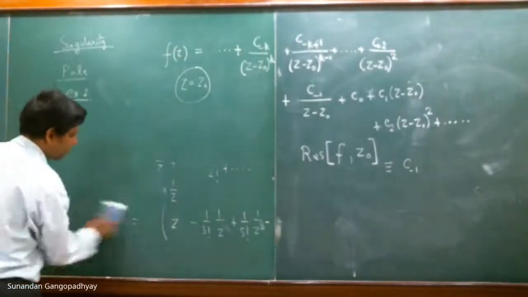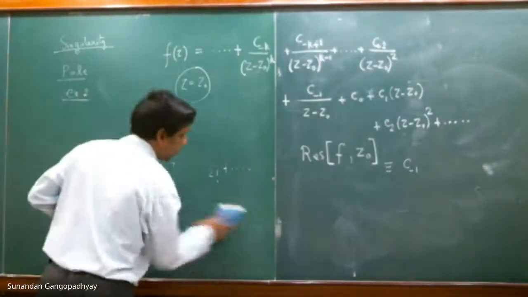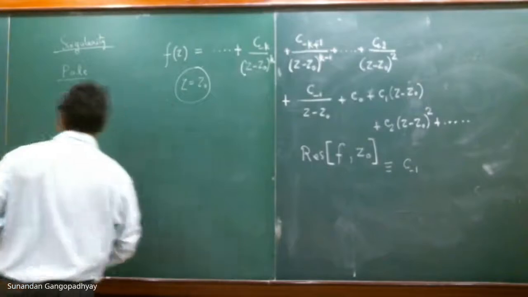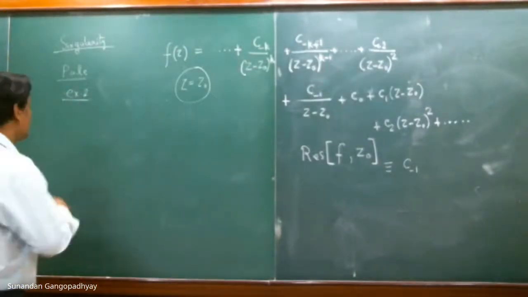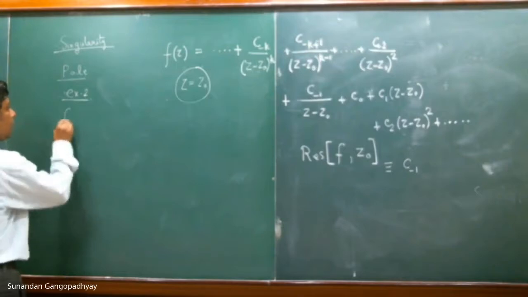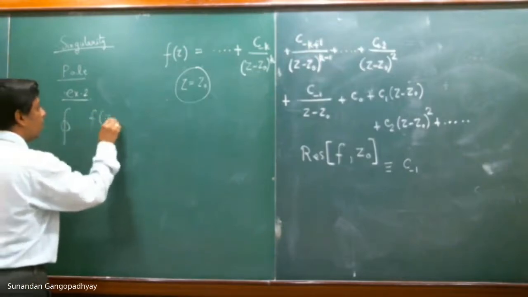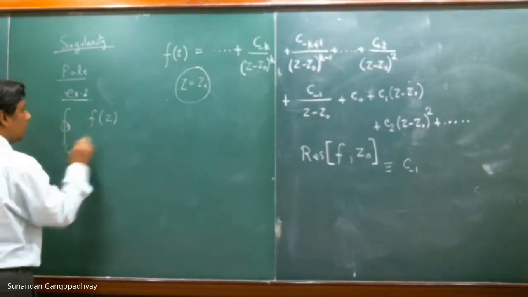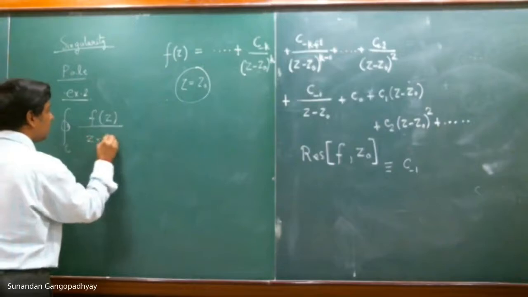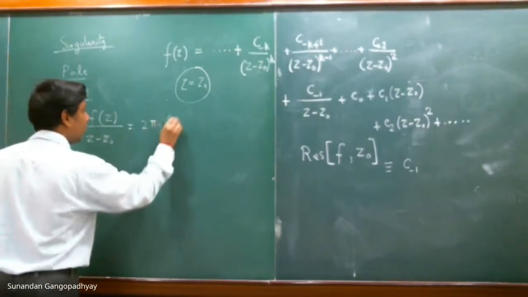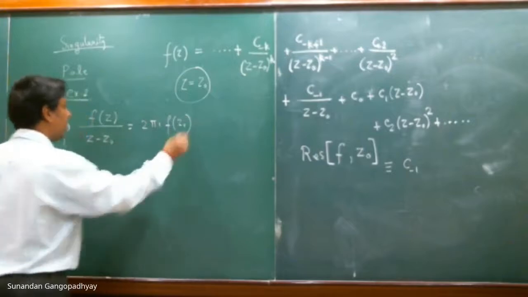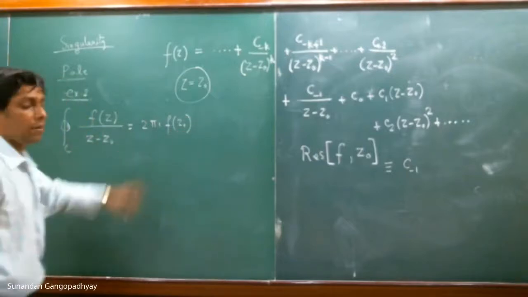So you have something in complex analysis which is known as the Cauchy residue theorem, and I told you that I proved this result. If you remember, I proved this result: the contour integral of f of z divided by z minus z naught is 2 pi i f of z naught. I derived this result from the Cauchy integral theorem.